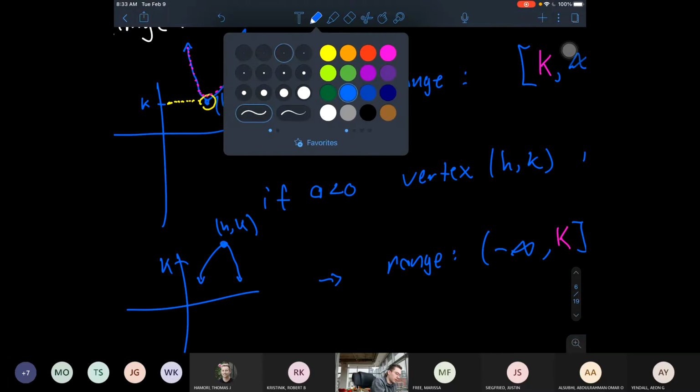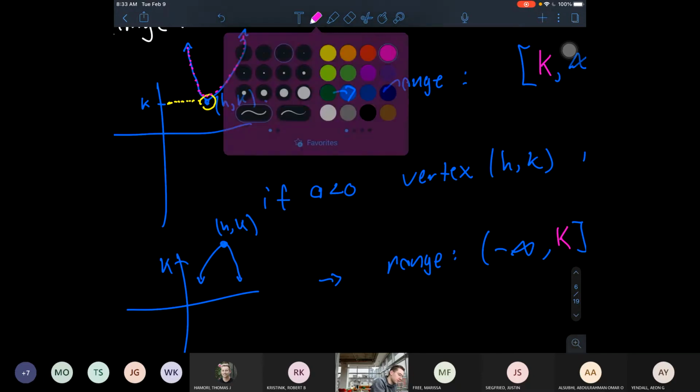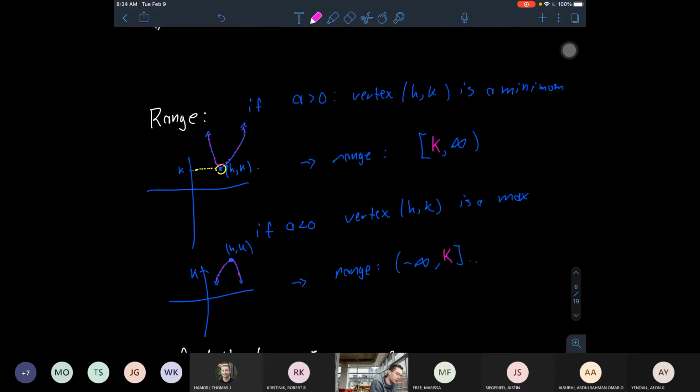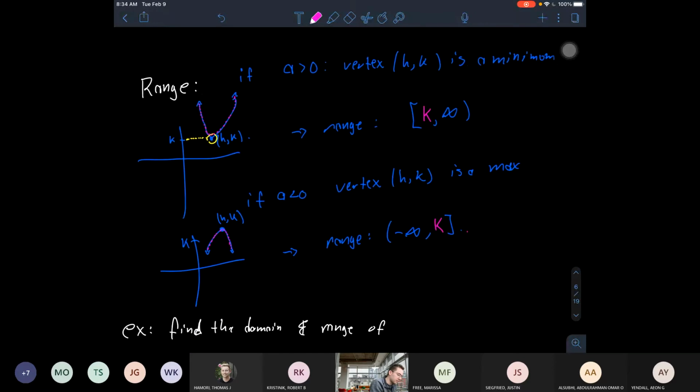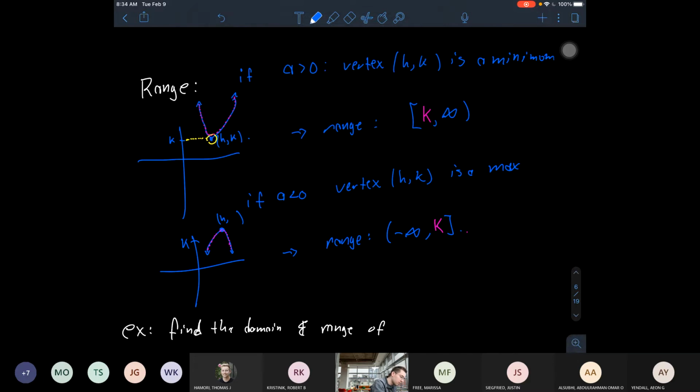If we collect all of these points along this parabola and write down the collection of all possible y values, it's a bad looking k, let me redraw that. Then it would be the collection negative infinity comma k.